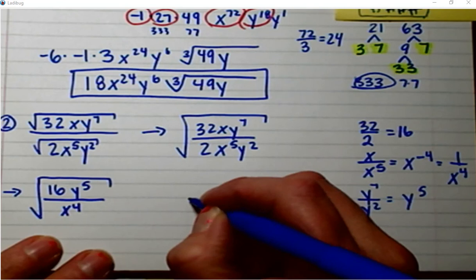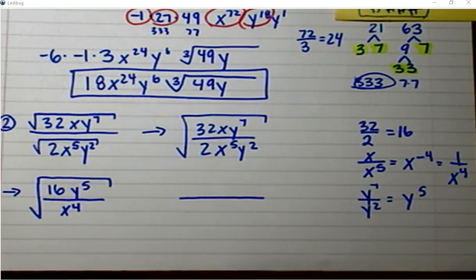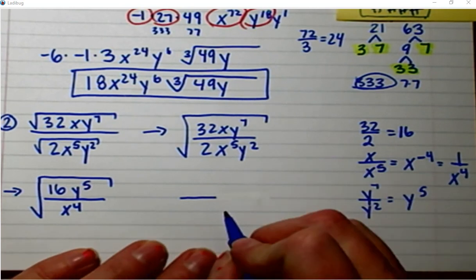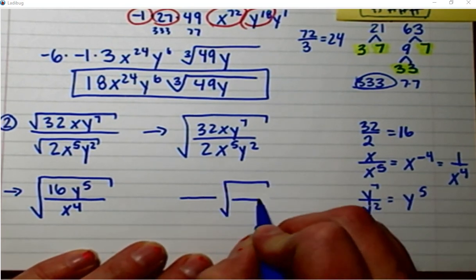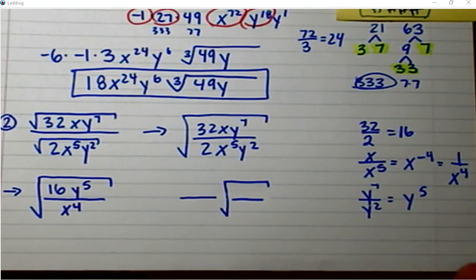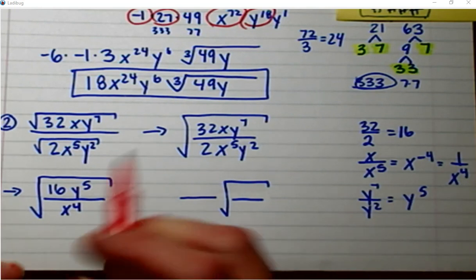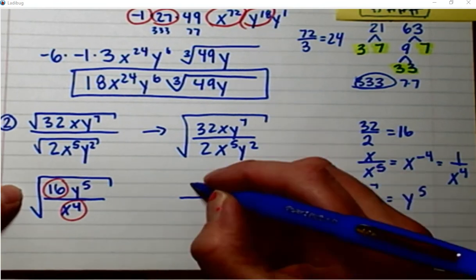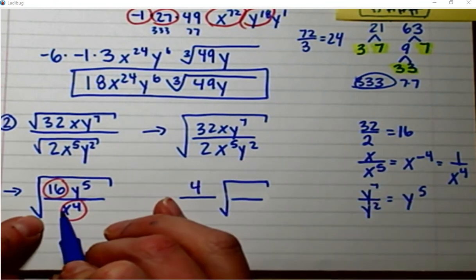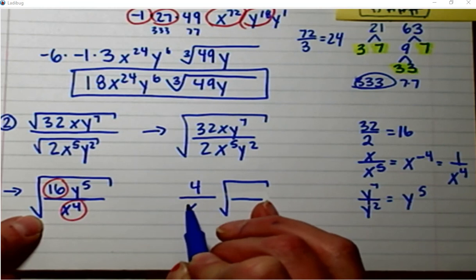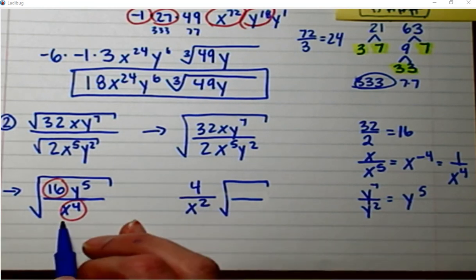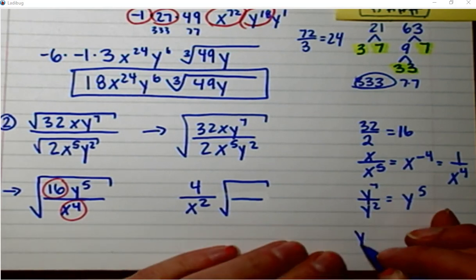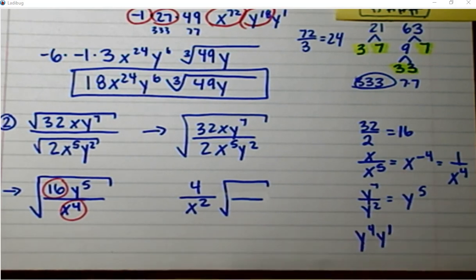Okay, now answer. Notice I set up my fraction bar because I've got to figure out where this is going to go. So I have a fraction outside the radical, and a fraction inside the radical. All right, those two things are perfect squares. So the 4 comes out, and x to the 4th in the denominator, x squared in the denominator. Now y is a little bit tricky because it's y to the 4th and y to the 1st.